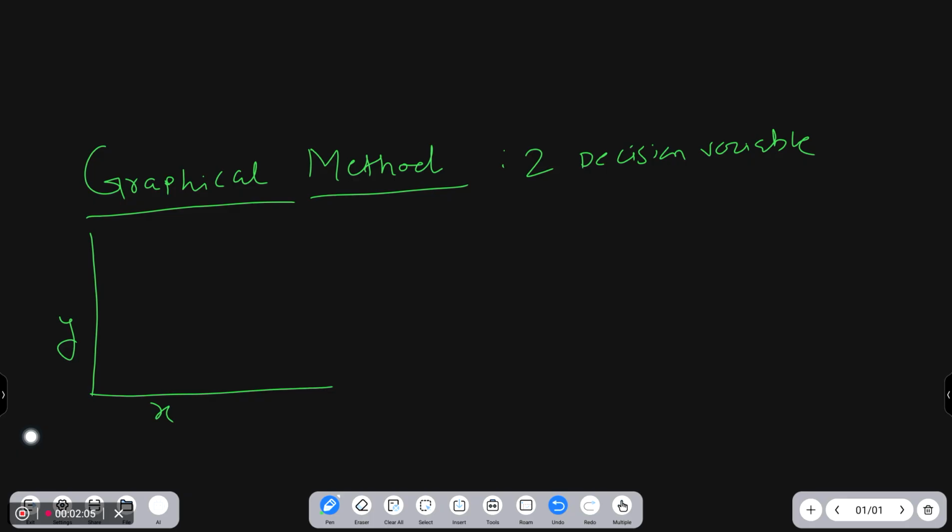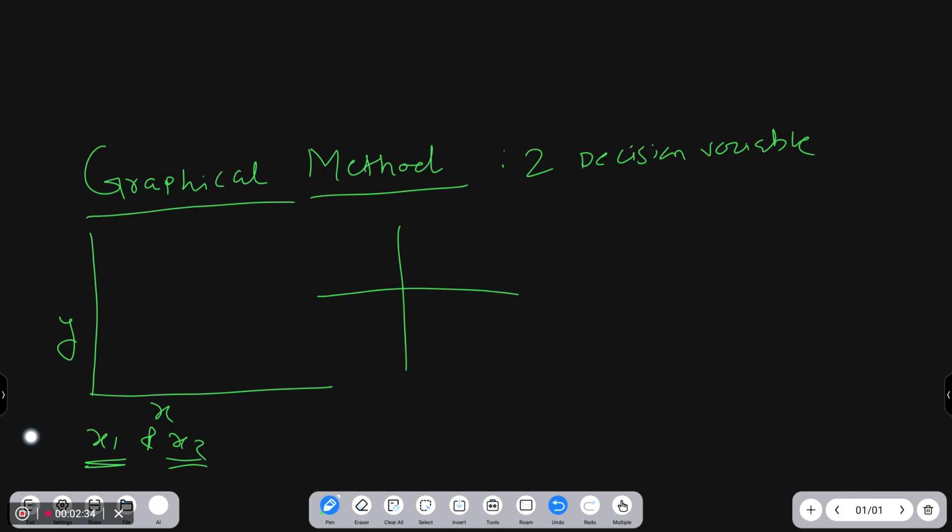Only two, either x1 or x2. If there are only two variables, then we can use a graphical method to get an optimal solution. Clear, everybody?